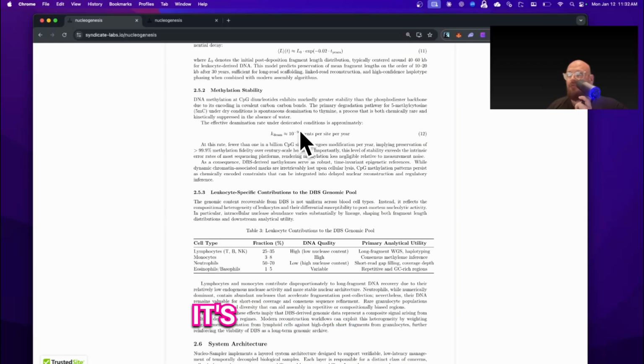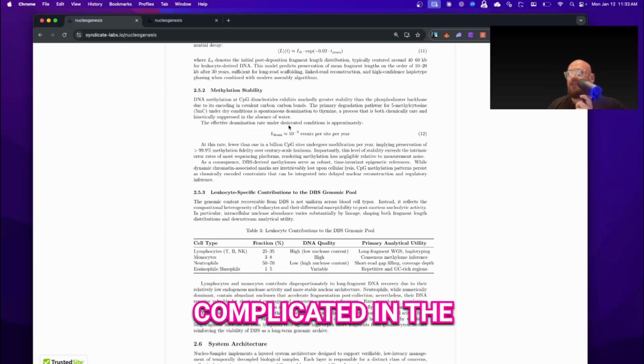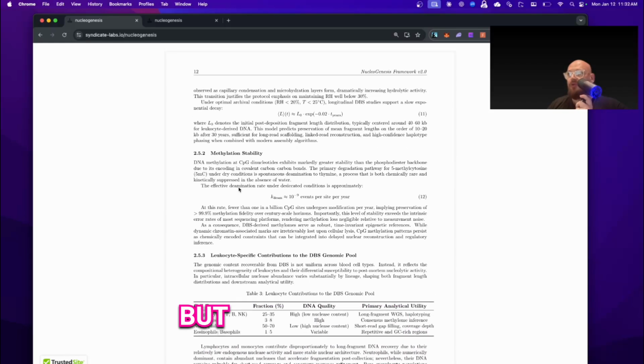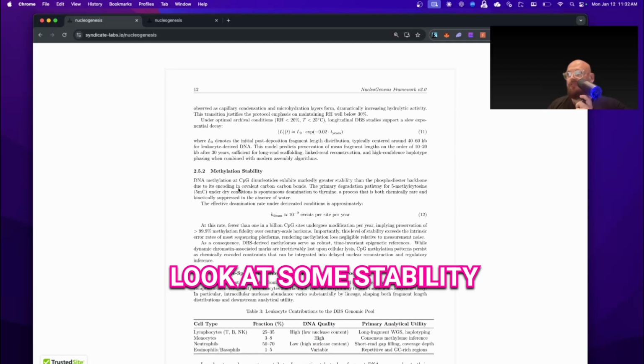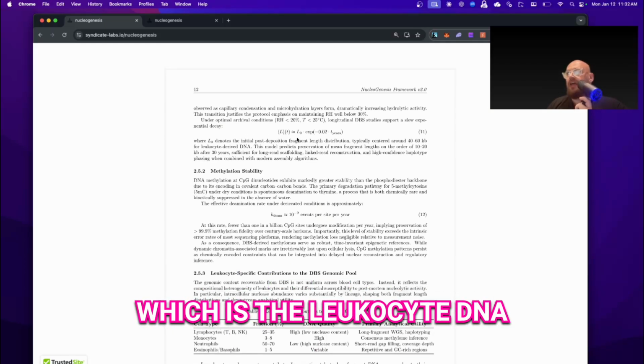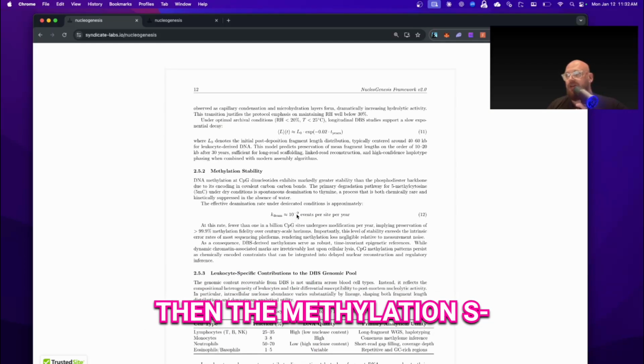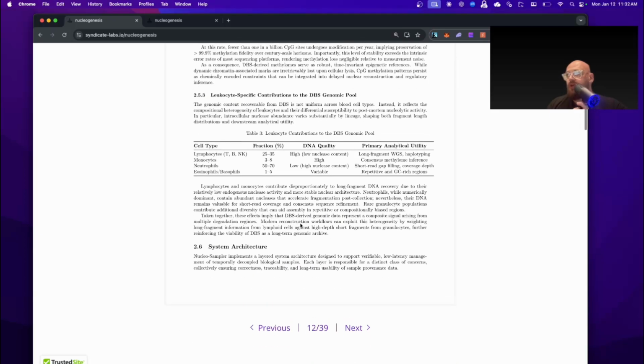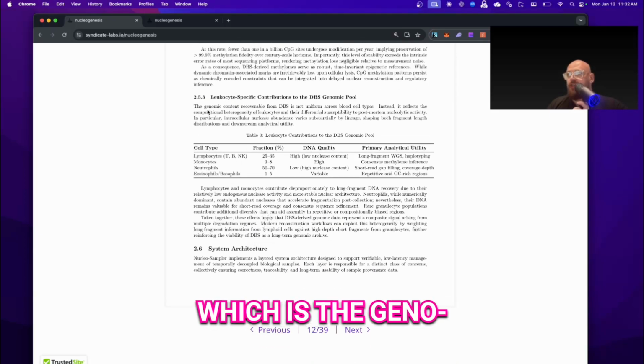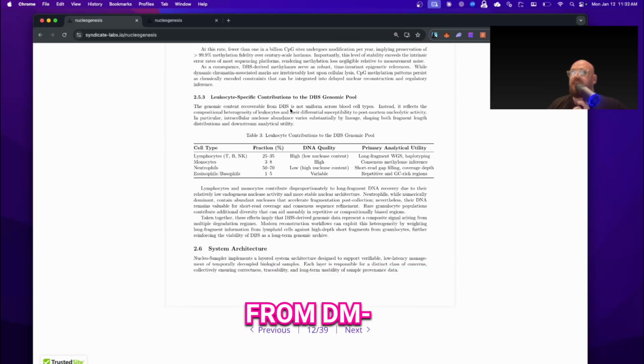This gets really complicated in the chemistry of it, but what we're doing is looking at some stability factors, which is the leukocyte DNA and the methylation stability. Now we get to the last part, which is the genomic content recoverable from dried blood cells.